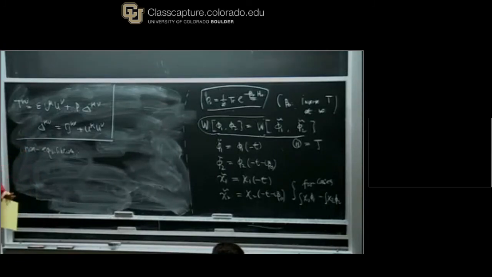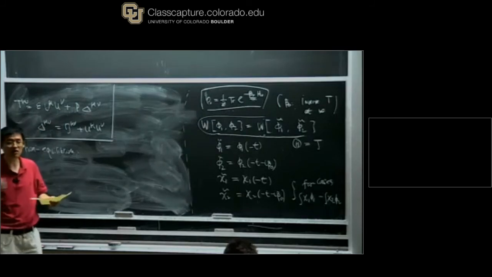Then locally, the stress tensor should still be able to be approximated by this form. But now you can introduce the local temperature and the local chemical potential.